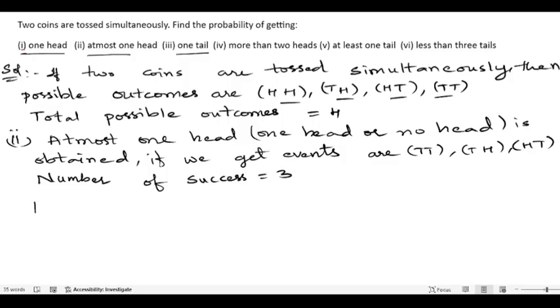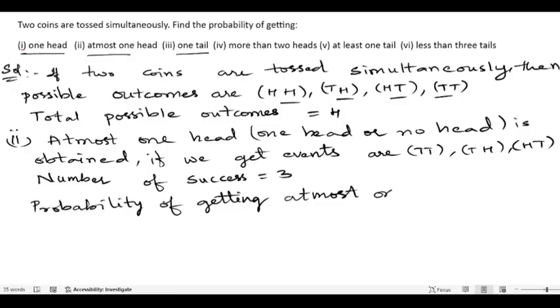So therefore we can write probability of getting at most one head is equal to, so total favorable is 3 and the total number of outcomes is 4, so 3 upon 4.